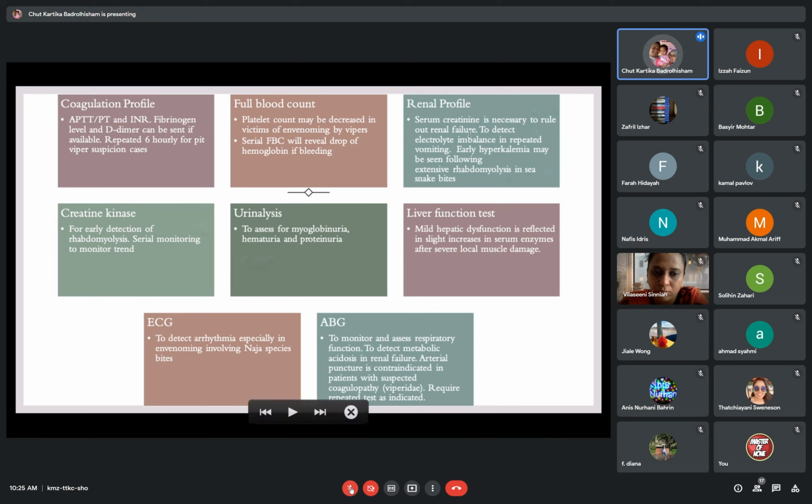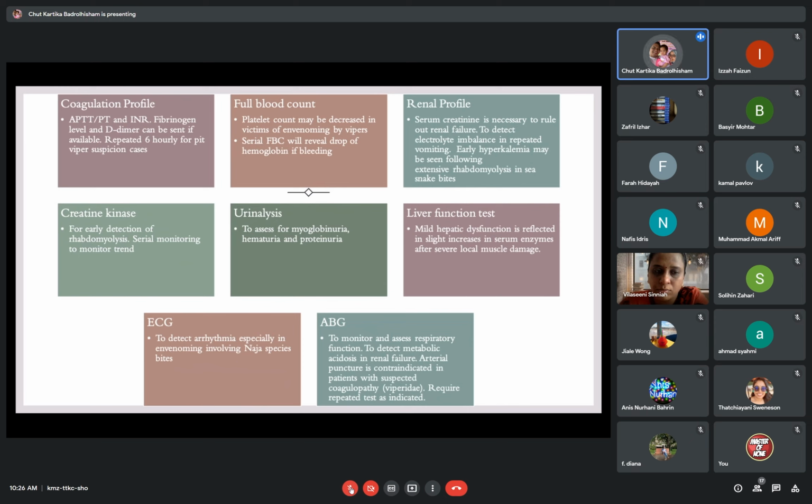And then renal profile to see if there is acute renal failure, AKI, where serum creatinine will be high. Other than that, hyperkalemia, potassium in extensive rhabdomyolysis. CK also will be high in rhabdomyolysis if it is a myotoxic Hydrophiidae.